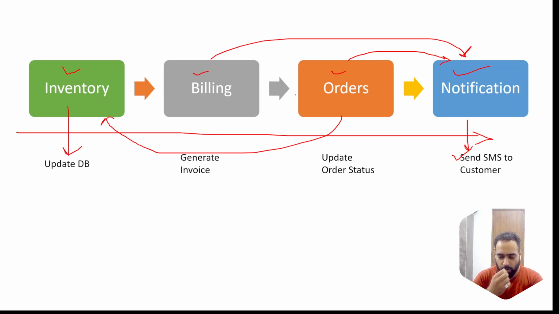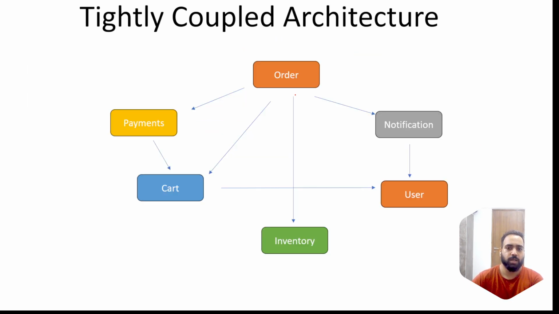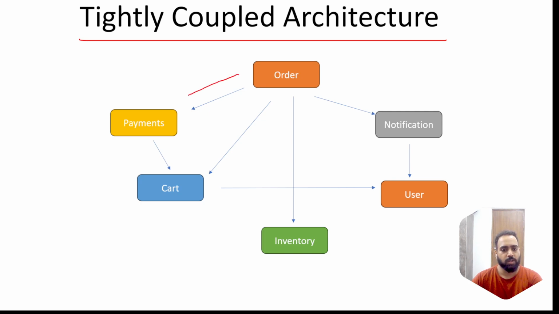So with this scenario, suppose you have a complete ecosystem, and this ecosystem comes under tightly coupled architecture for microservice implementation. Order microservice will interact with payment microservice as well. Payment microservice will interact with cart microservice. Order will interact with inventory microservice.